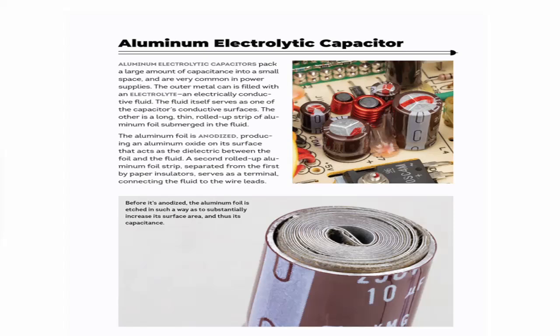The characteristic of this capacitor is that capacitance ranges from 1 microfarad to 100,000 microfarad. Voltage rating is from 4 volts to 500 volts. Operating temperature is minus 40 degrees centigrade to 150 degrees centigrade, and high capacitance to size ratio.